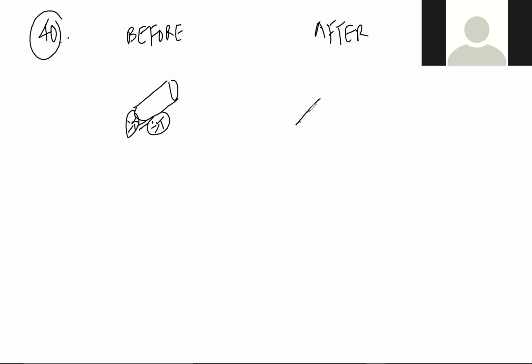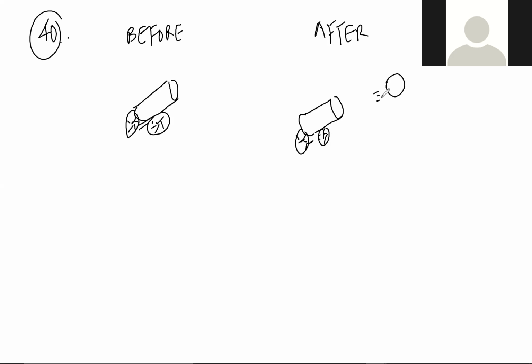Okay, my drawings. What is the mass of the cannon?